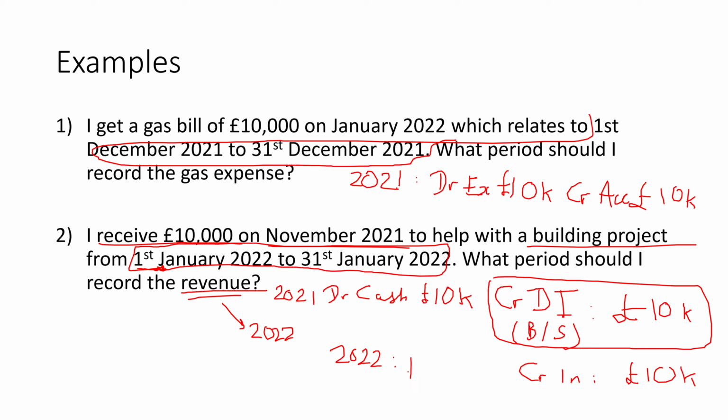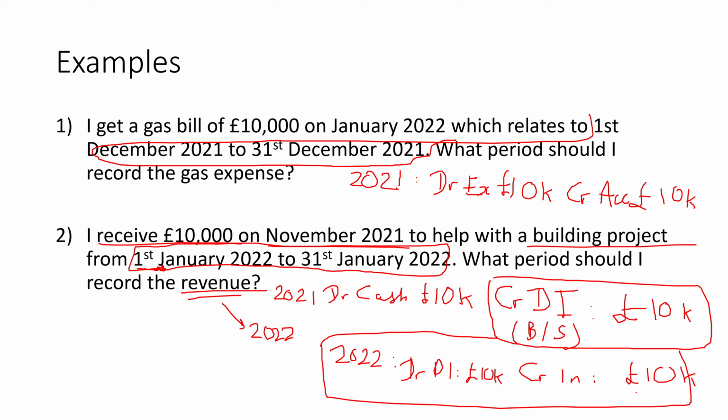We need to debit deferred income of 10k. So in this way we're recording the income in 2022. Initially we credited deferred income in 21, but in 22 we'd now debit deferred income 10k.